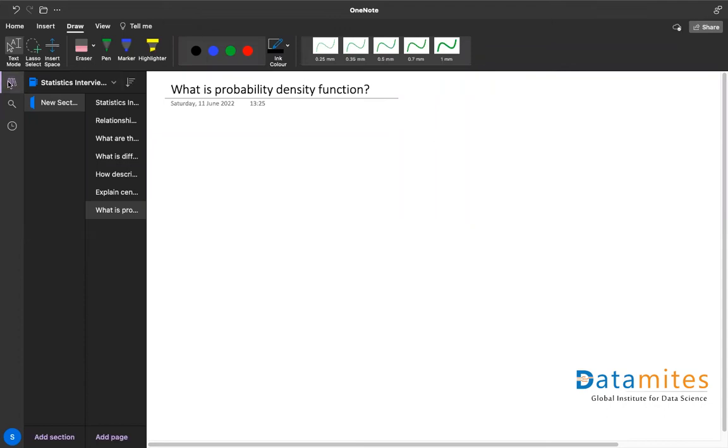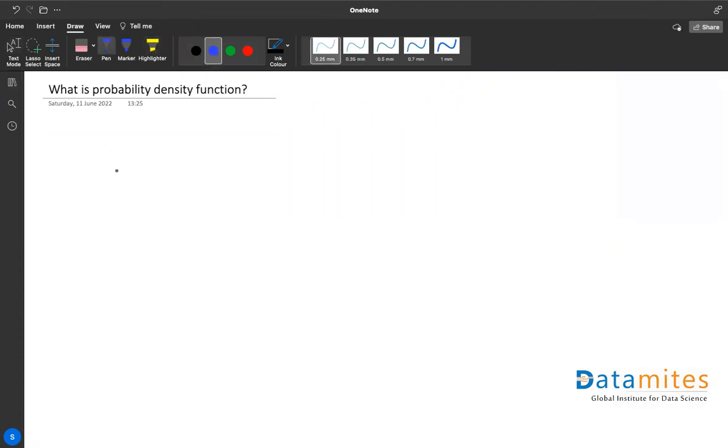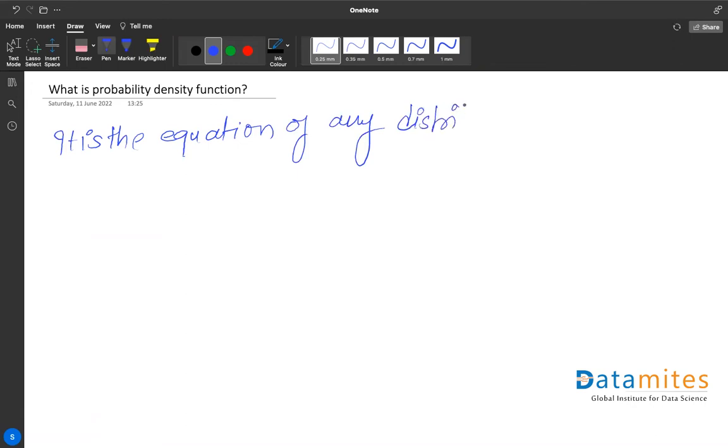So the probability density function is the equation of the curve of any distribution. But what does this distribution refer to?